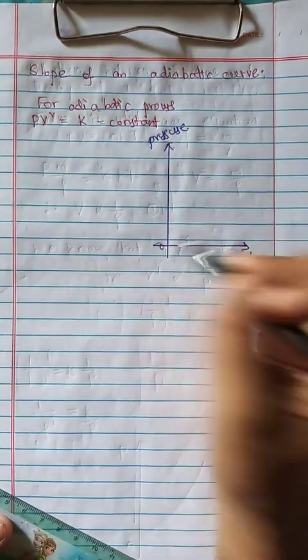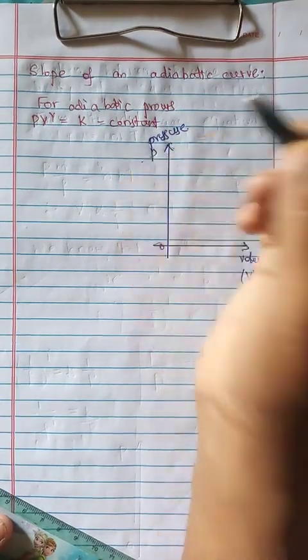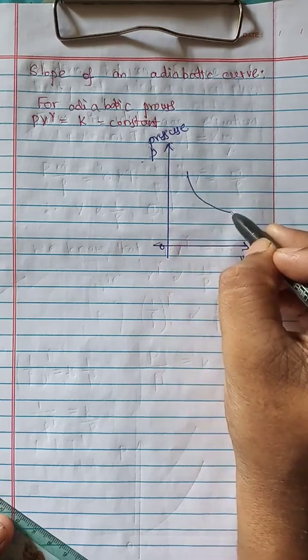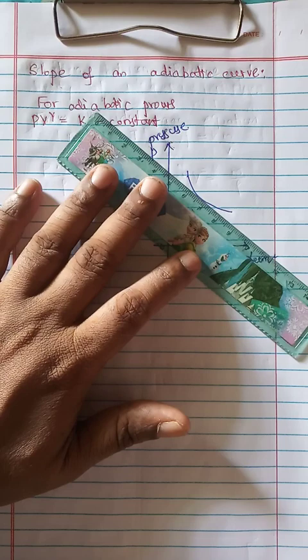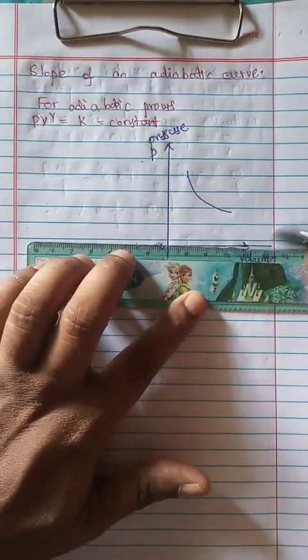This is the origin. Volume is represented by the symbol V, and P is the pressure. And no doubt you know that the adiabatic curve looks like that. I will extend it further here.